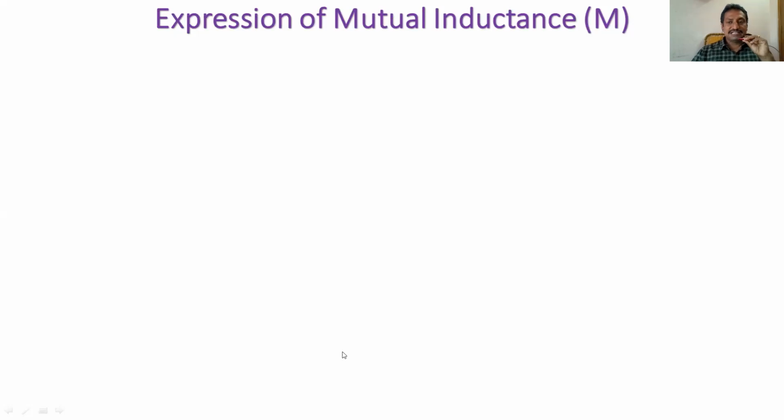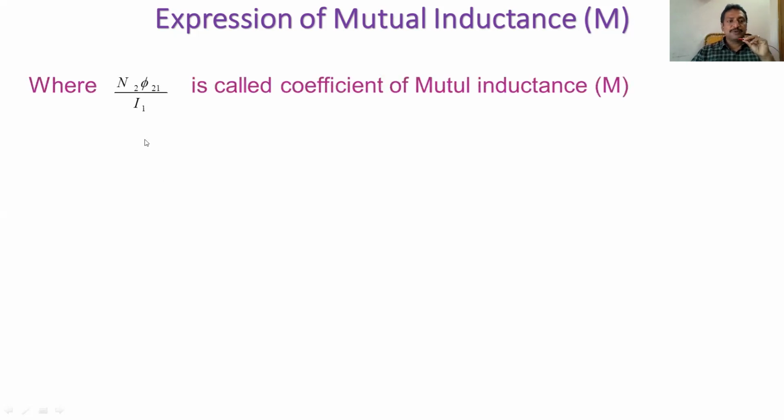Now we'll continue with the expression of mutual inductance. Here N2 into φ21 by I1 is called the coefficient of mutual inductance, represented with the letter M. Self-inductance is represented with the letter L. Both units are Henries. Where M is equal to N2 φ21 by I1. Also, if we give the excitation on the secondary, how does this mutual inductance formula change? M is equal to N1 into φ12, the primary flux with respect to the secondary, divided by I2, the current on the secondary side.